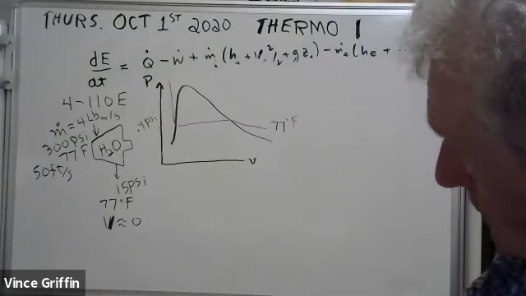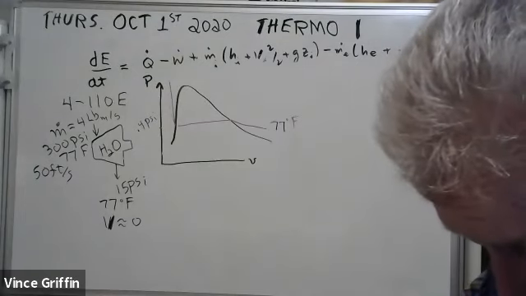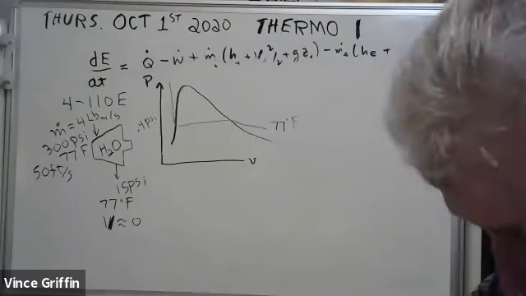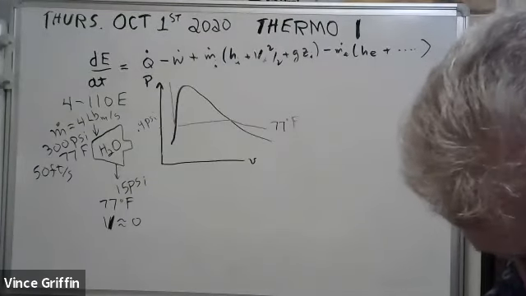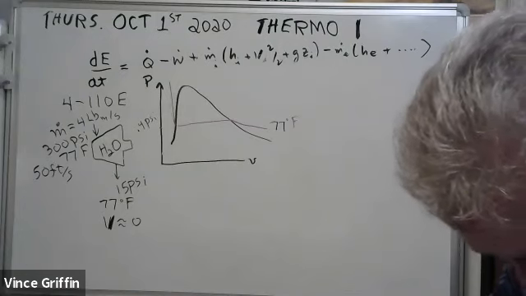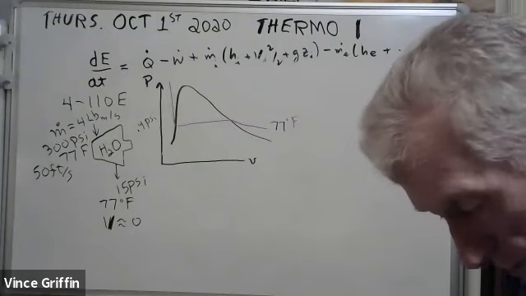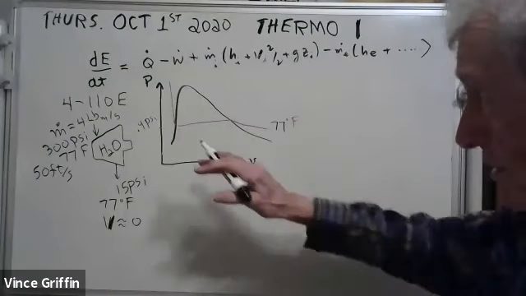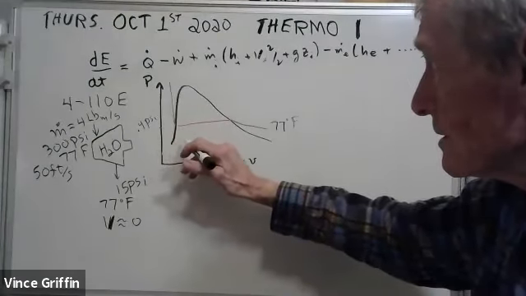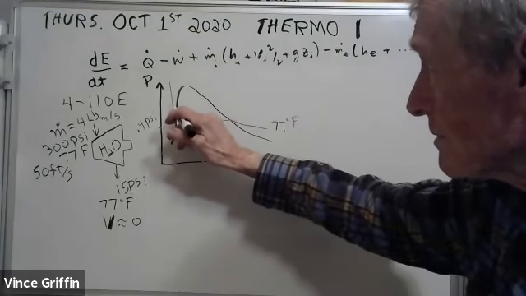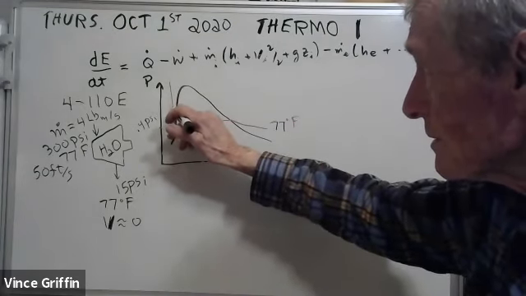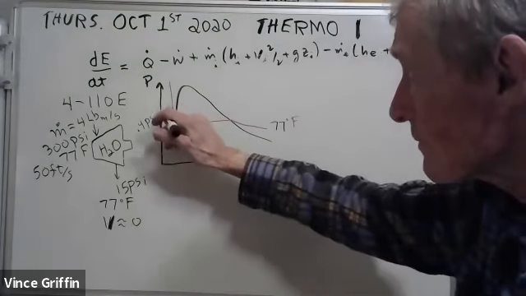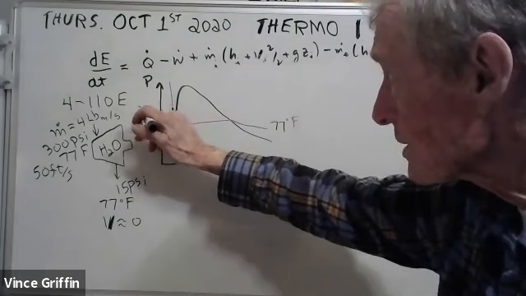It's about there. But see, our pressure is 300. Well, where the heck is 300? Let me think about this. Yeah, it's up higher. 300. It kind of looks like we're in a compressed liquid.